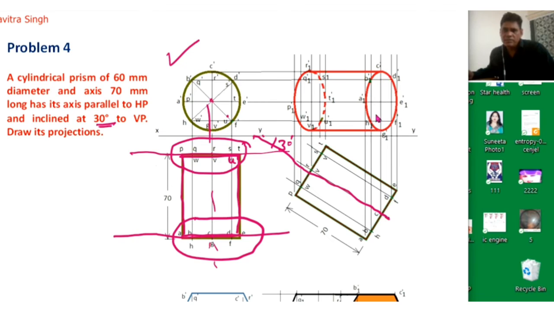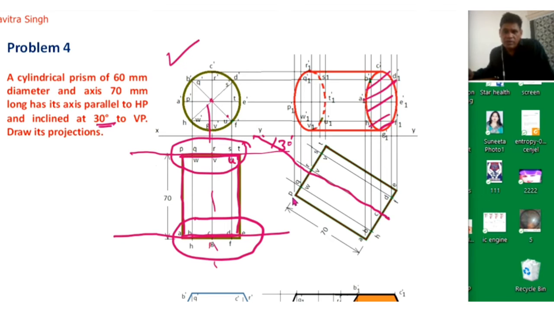Okay, so this is actually the top surface of this circular prism. Okay, so this is actually a cylindrical prism and its top surface is seen like this. Now we will try to draw this surface in the front view.